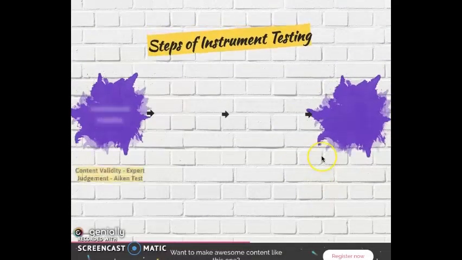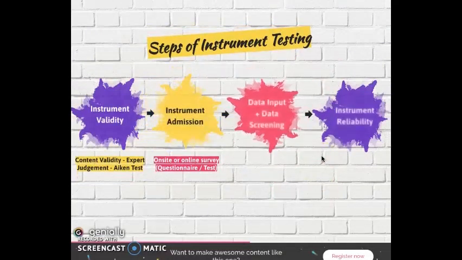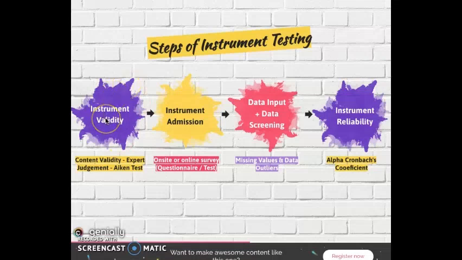Yes, so that's all about the instrument testing and the data screening. So in conclusion, there are steps that need to be conducted regarding your instruments in a quantitative method. The first is, of course, doing the instrument validity.